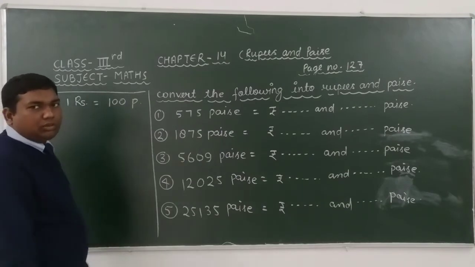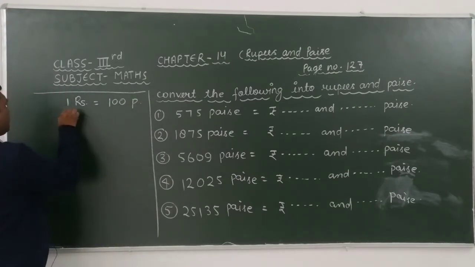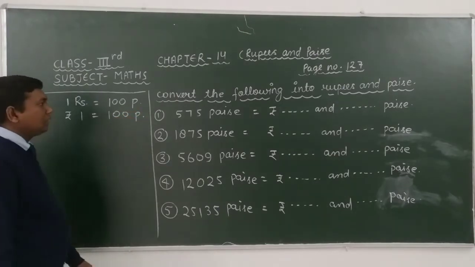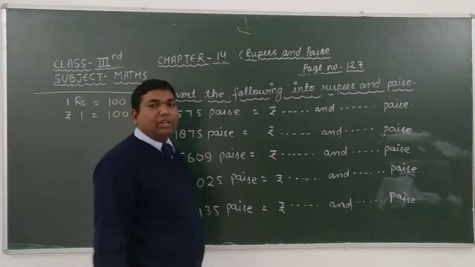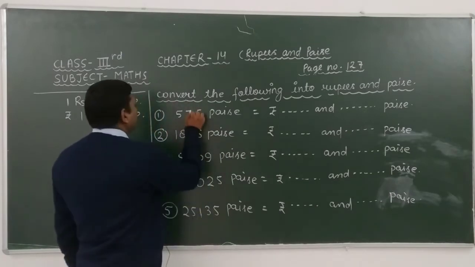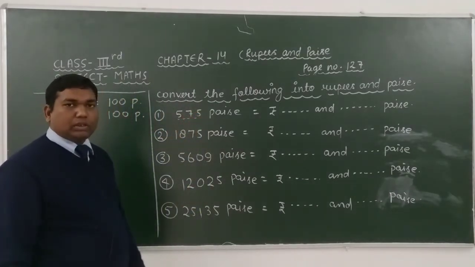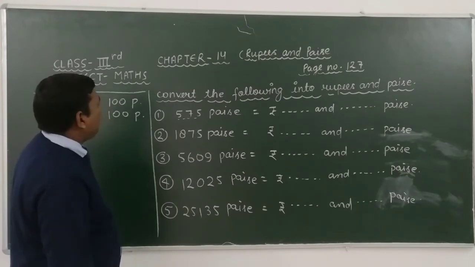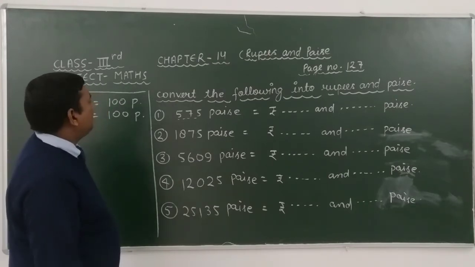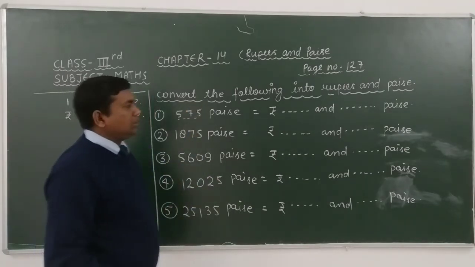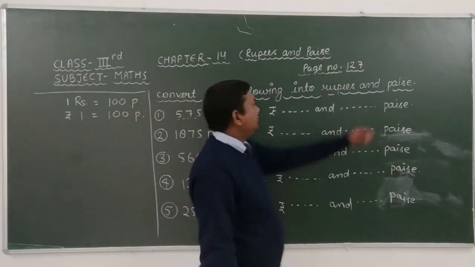If we have to take the division of the given paise, then we can convert the given paise into rupees and paise.